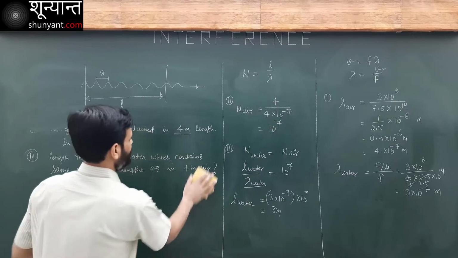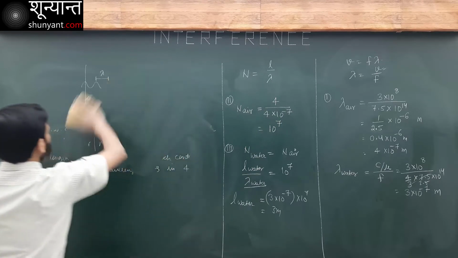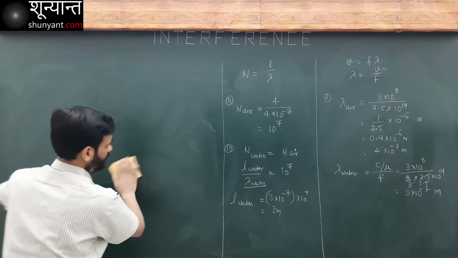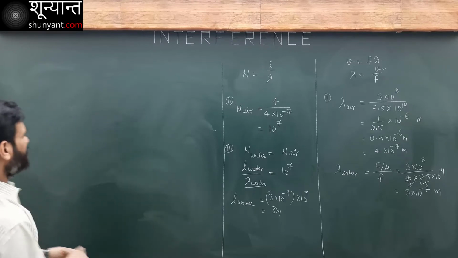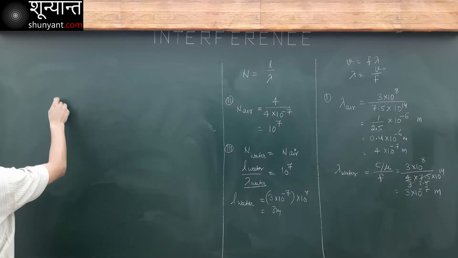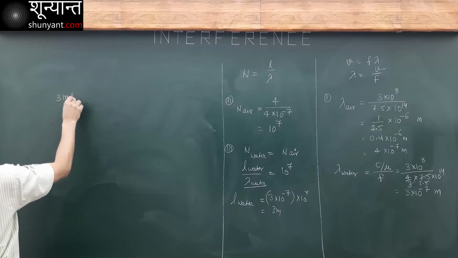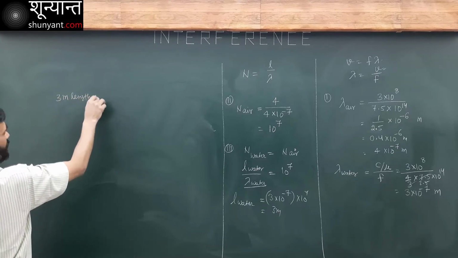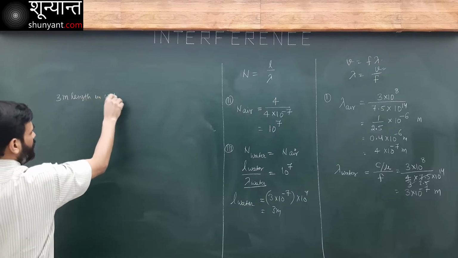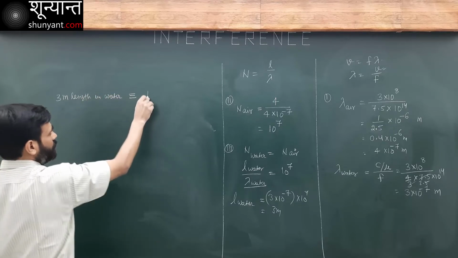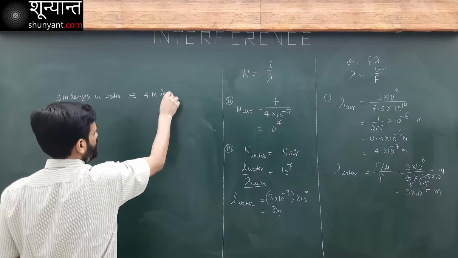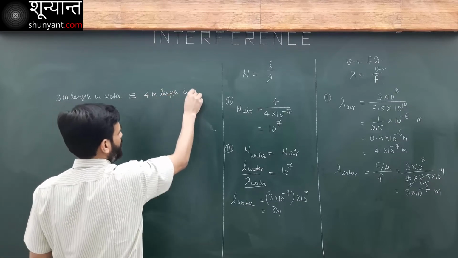That means 3 meter length in water is equivalent to 4 meter length in air.